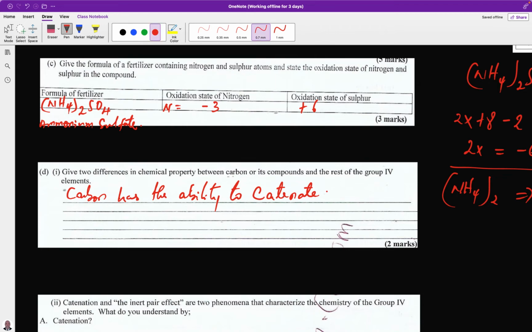Another one is that carbon has 4 valence electrons used for forming 4 different bonds. Or you can just say, difference 2, carbon can form single, double, and triple bonds.